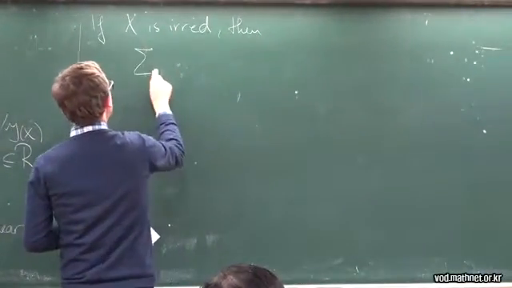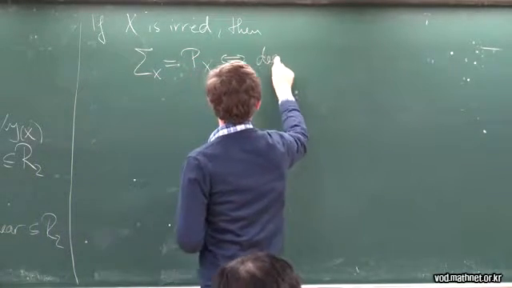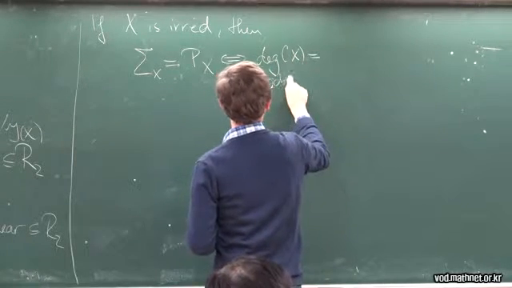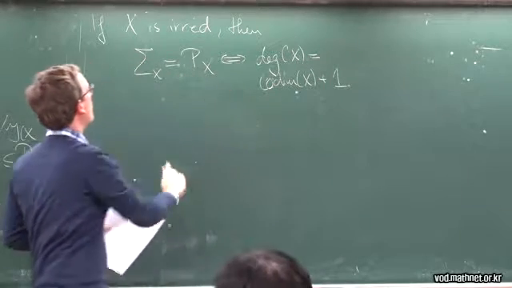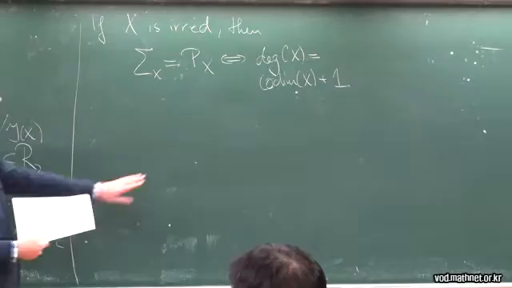Then Sigma_X is equal to P_X if and only if the degree is equal to codimension plus 1. Okay, so that's true in the irreducible case.